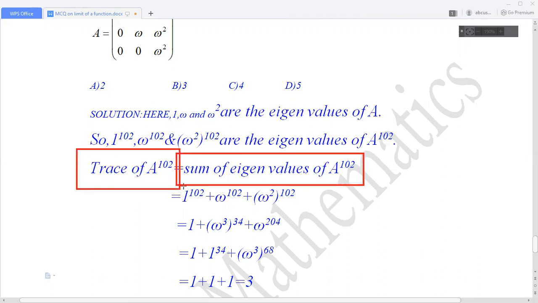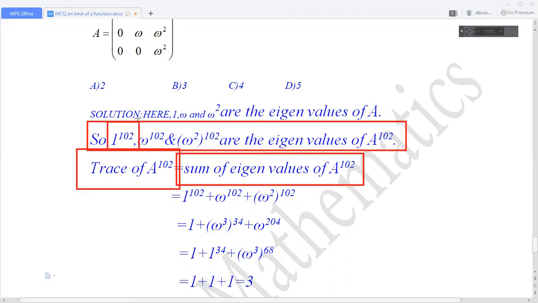So here the trace of the matrix A to the power 102 is just the sum of the eigenvalues of that matrix, and we have calculated the eigenvalues for this matrix A to the power 102. These are the eigenvalues for this matrix A to the power 102.